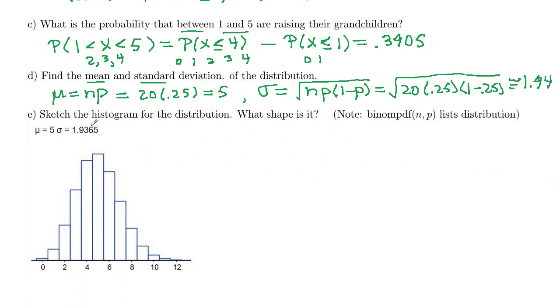Lastly, they want us to sketch the histogram for the distribution and ask what shape it is. To sketch a histogram here, we can just use Binomial Pdf, put in n and p, but don't put in an x value. That will list your whole distribution.